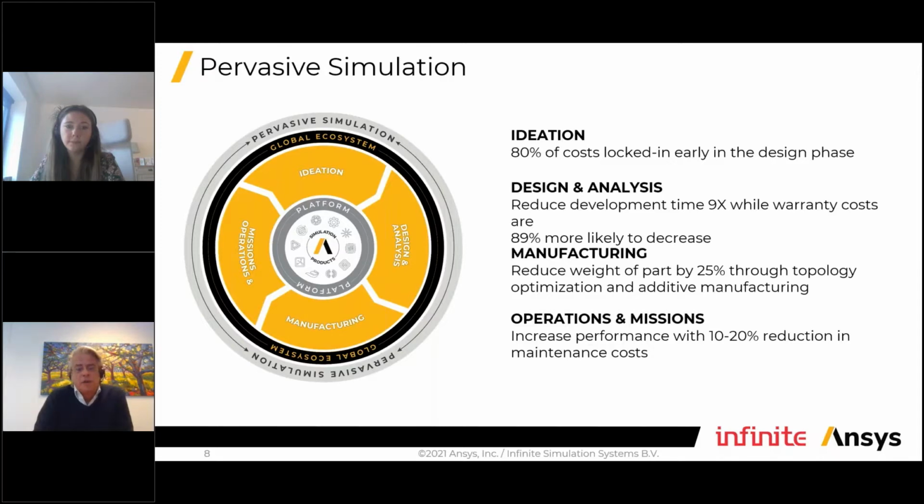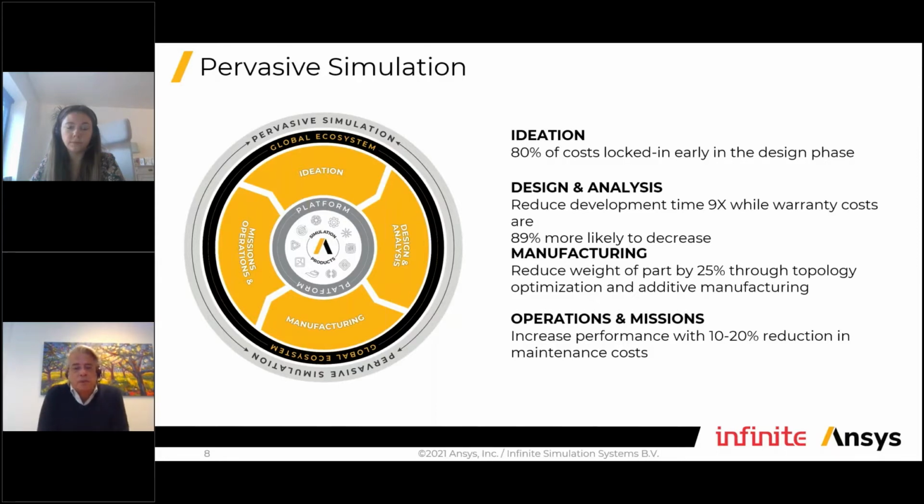After that, you go more into depth in your design and analysis, to know exactly what's going to happen, and with the result of that, reduce your development time and also get away from warranty costs.